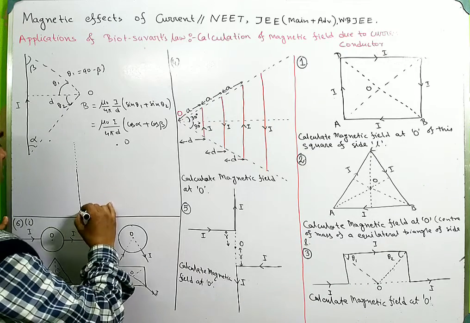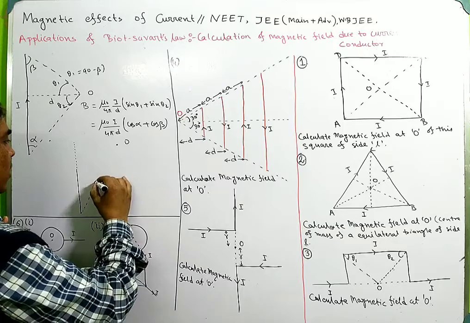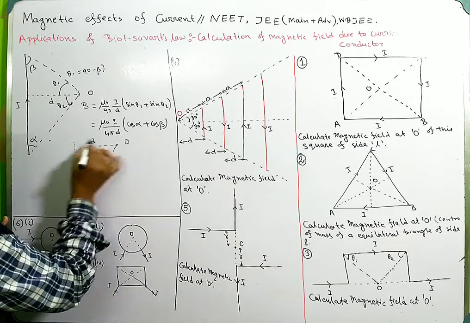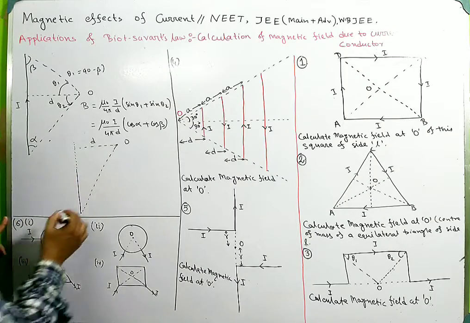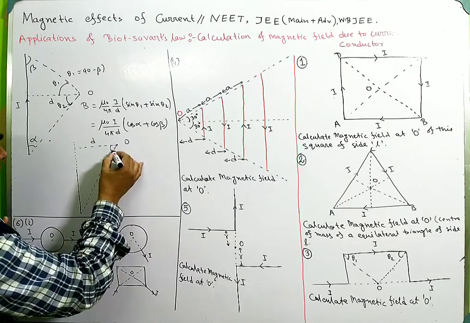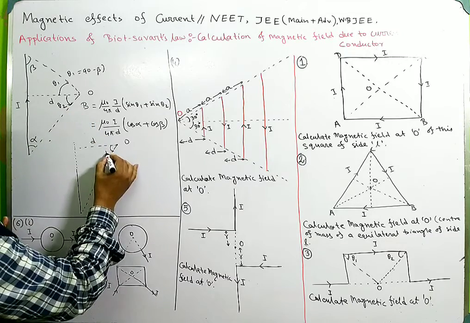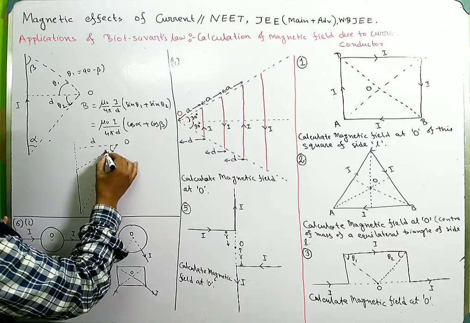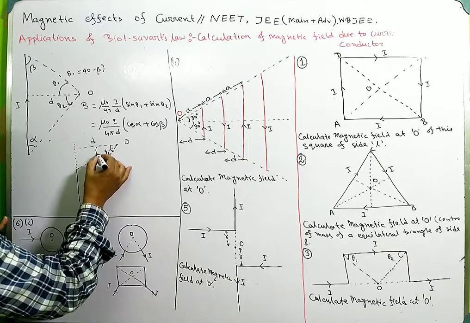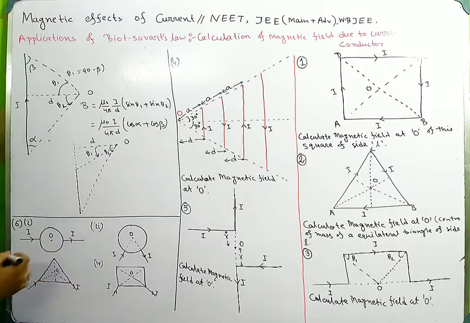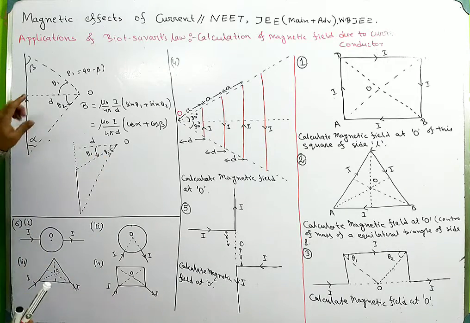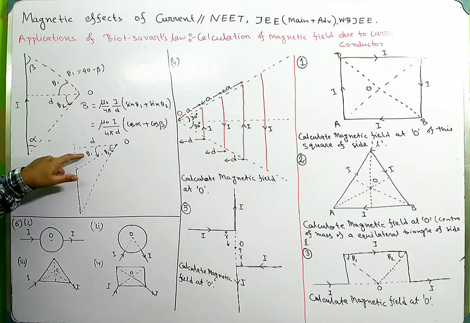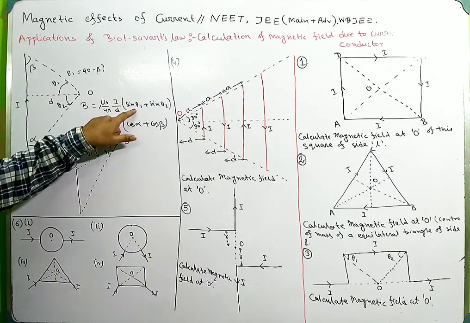This is the point, and this is the perpendicular distance d. Now this angle is theta 2 along this direction. And what will be theta 1? Theta 1 will be along this direction. In the first case, I took theta 1 along this direction, so in this case theta 1 will be negative.